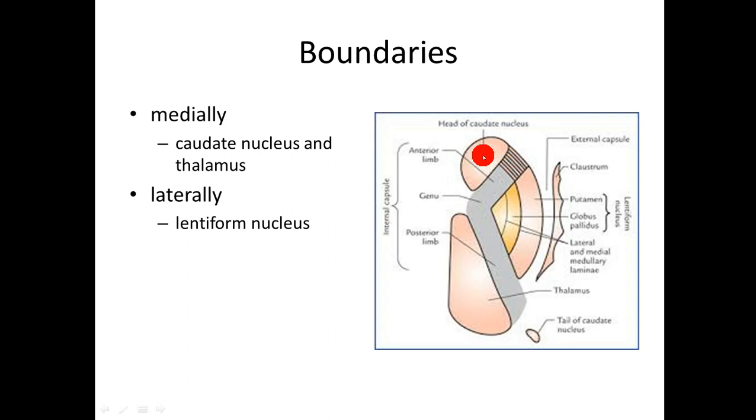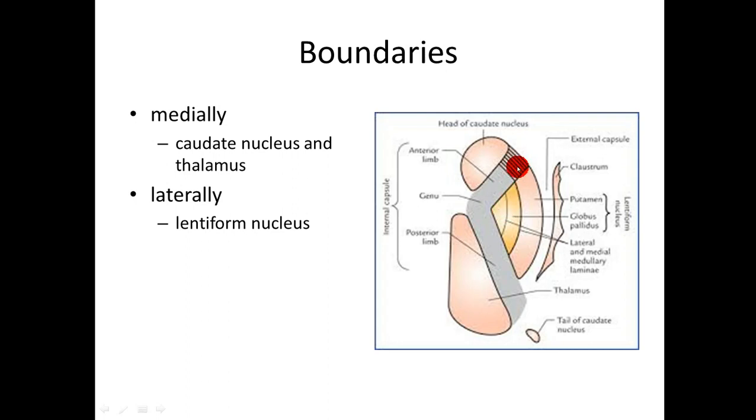Anteriorly, medially, this is the head of the caudate nucleus, and here you can see the thalamus, and on the lateral aspect you can see the lentiform nucleus, which contains the putamen here and the globus pallidus here.